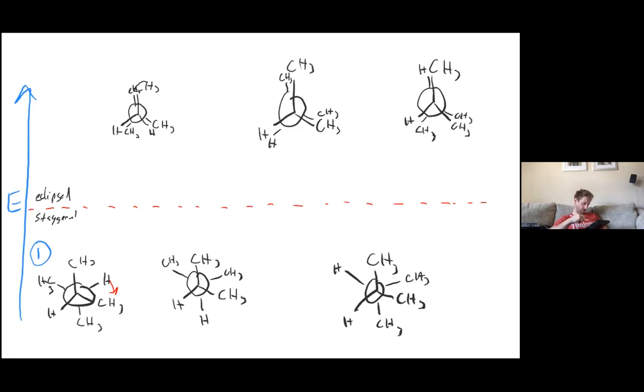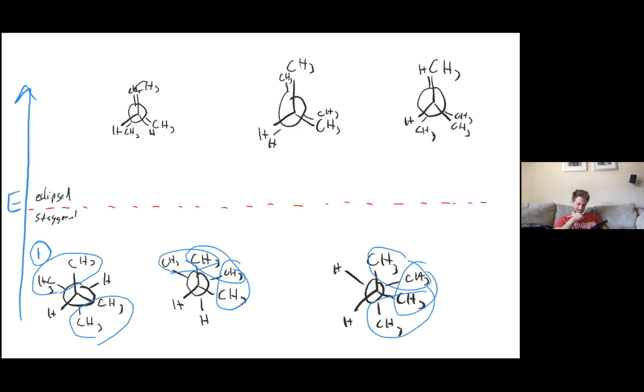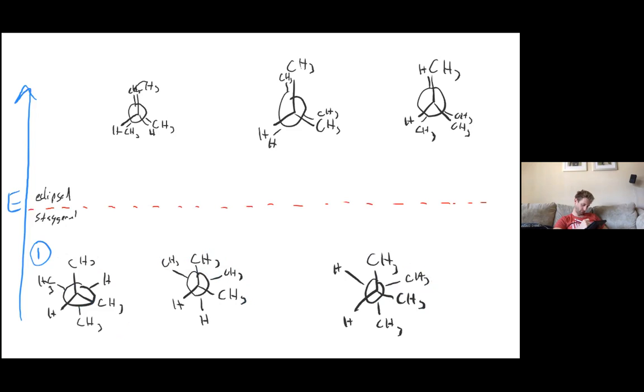Okay, so from here, we're looking at interactions. Starting with our staggereds, we've got 1, 2 for this first one, 1, 2, 3 here, and 1, 2, 3. So that means 2 and 3 are higher energy. Take a look at our eclipsed ones.